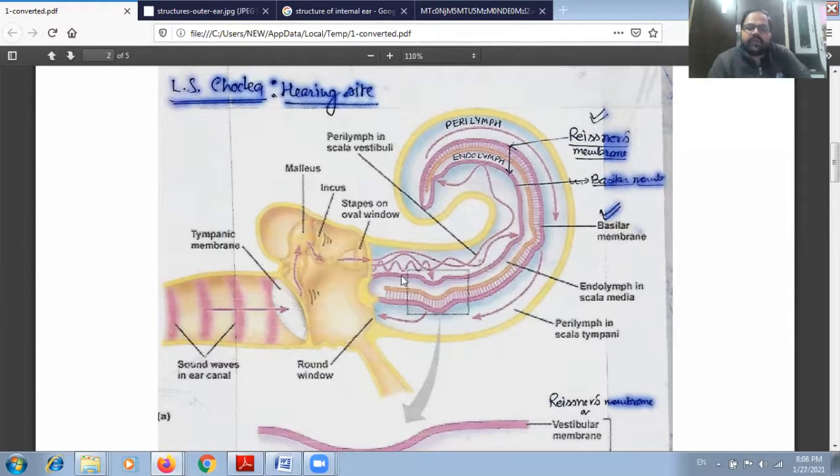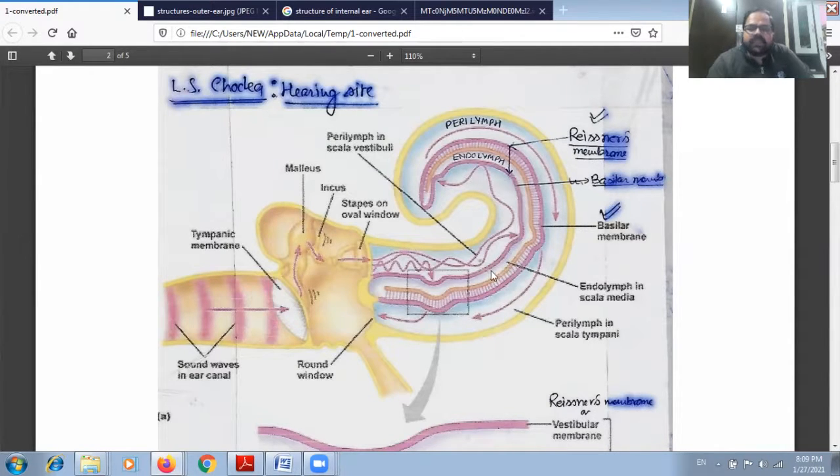also vibrating. So this wave enters into the internal ear through perilymph, and when it enters inside the perilymph, then what happens? Then it also helps the movement of the tectorial membrane on the hair cells, and by the movement of the tectorial membrane on the hair cells, these hair cells will receive the signal, and it will make the signal, and through the auditory nerve the signal will be sent to the brain to interpret the sound.